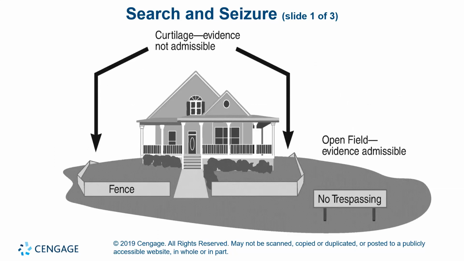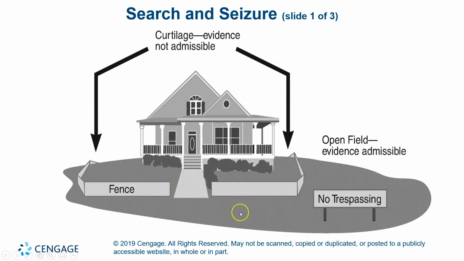A good way to look at it is by a photo, right? It's always easier to see things. So here you see the curtilage evidence is not admissible, meaning there's a right to privacy inside this little fence, even across here, because there's this imaginary line, if you will.